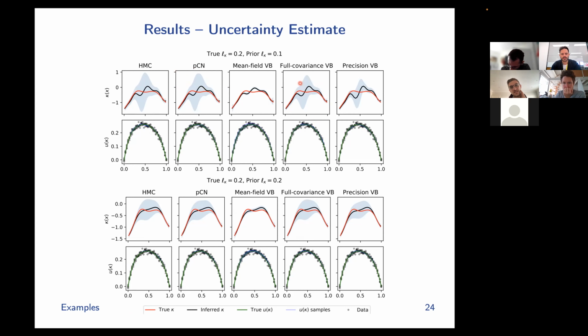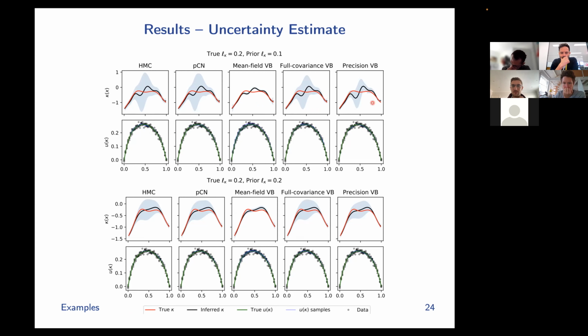We can see that the full covariance parametrization gives very similar estimates to the HMC and PCN methods. On the other extreme of the variational Bayes methods, we have mean field variational Bayes, which captures the mean very well but doesn't estimate uncertainty whatsoever.